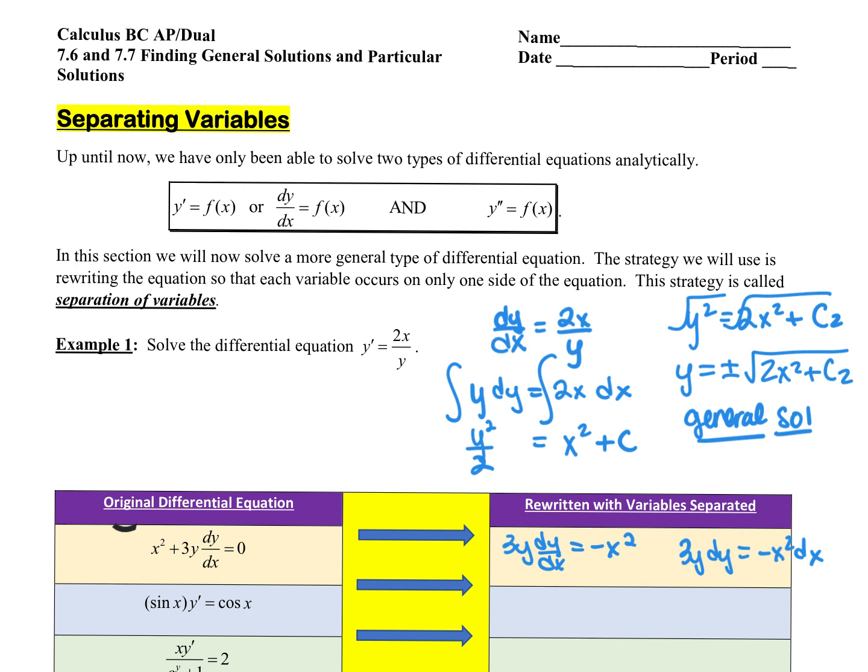So now I want you to try it for the next two. Try separating those variables. Remember to write y prime as dy/dx.